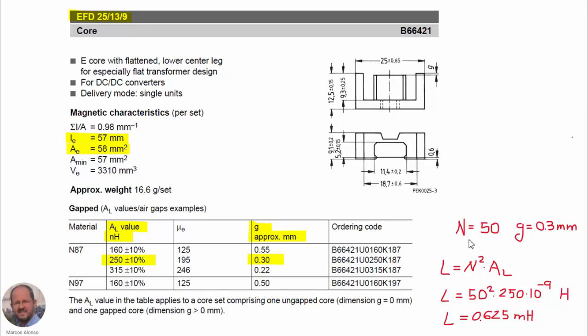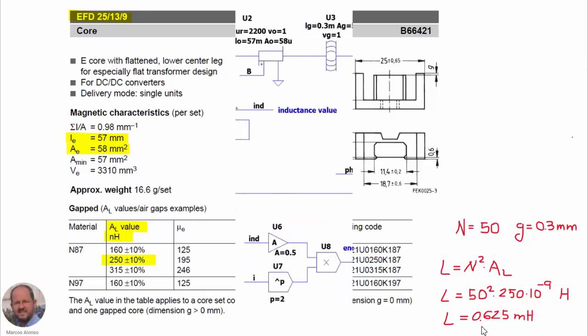And then, for example, taking a number of turns equal to 50 with this value of G, we can calculate the value of the inductance using this expression, and we get something like 0.625 millihenries.